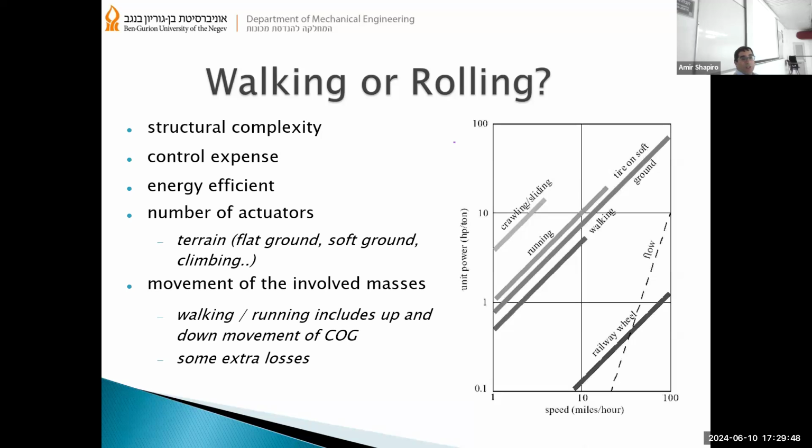Walking versus rolling. You can see here, in the graph, the speed versus the power that is required in order to move.